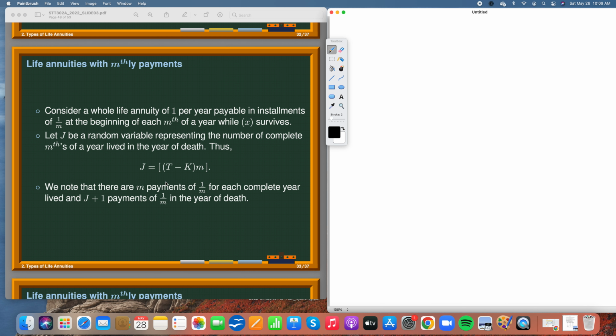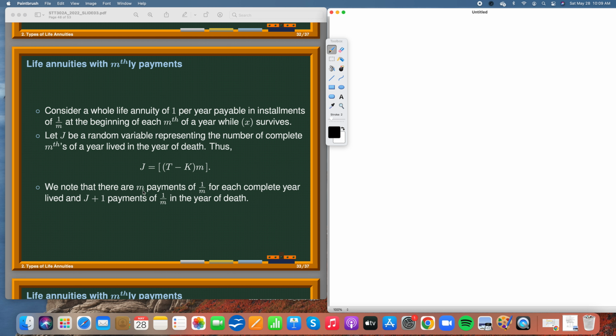So we note that there are m payments of 1 over m for each complete year lived, and therefore J plus 1 payments of 1 over m in the year of death.